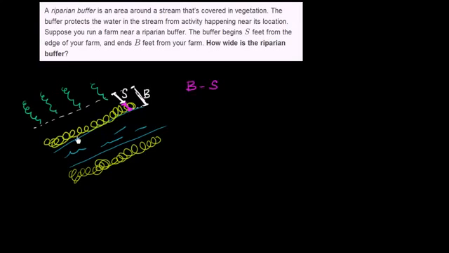I could have said, hey, look, the buffer starts on this side, and this would be my S. And I could have said maybe it ends on this side, and then this would be the B. We really don't know which one is the start or the end of the buffer. And in this world right over here, we would say that how wide the riparian buffer is would be S minus B.